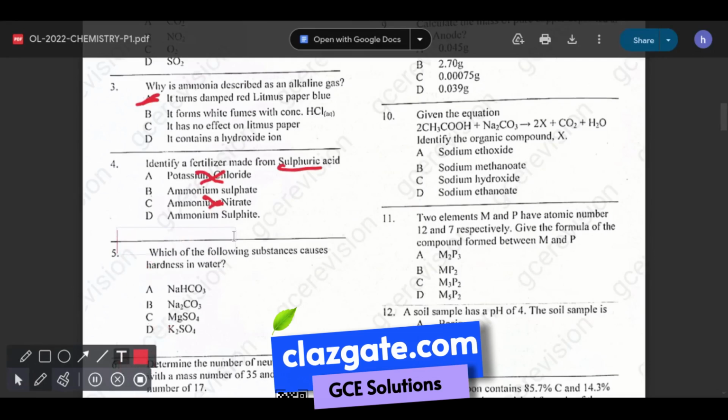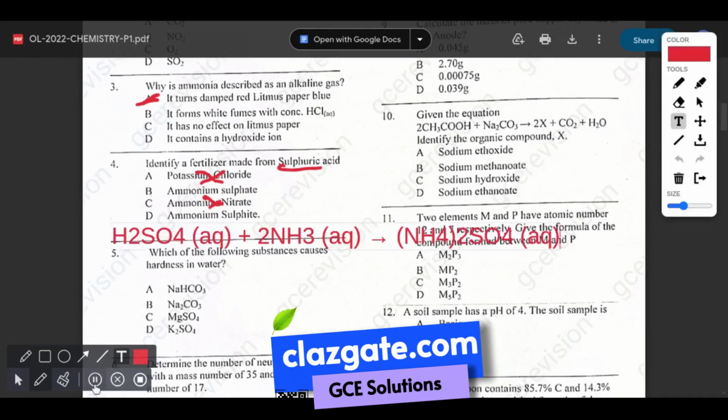So the correct answer to question number 4 is B, ammonium sulfate.